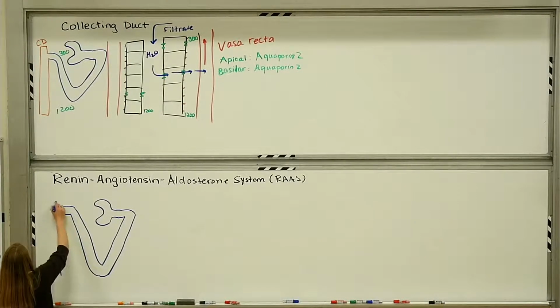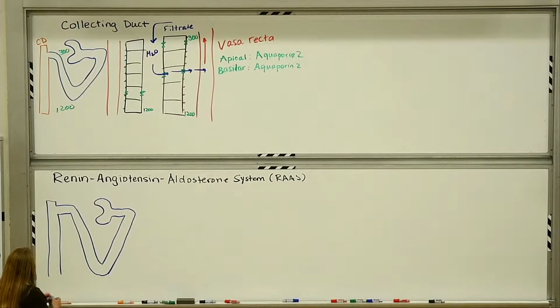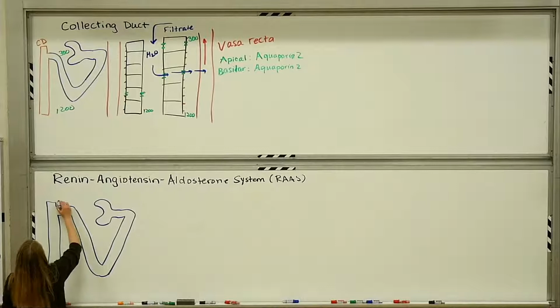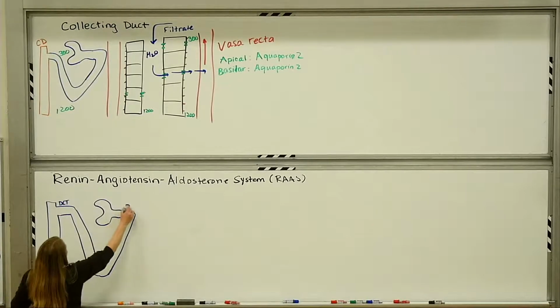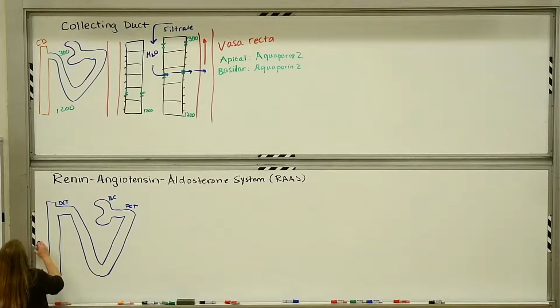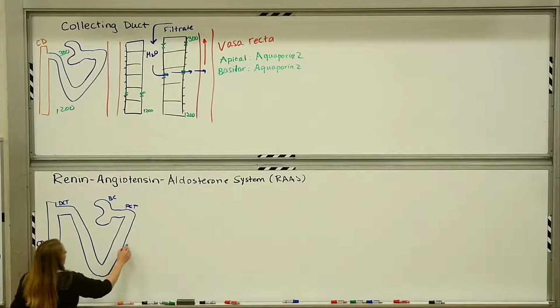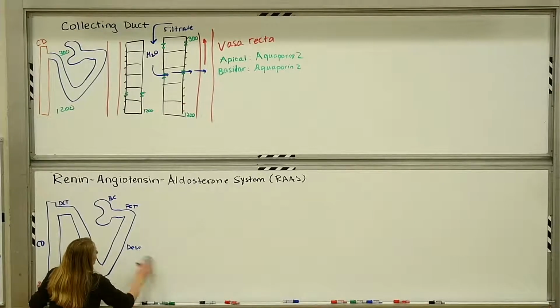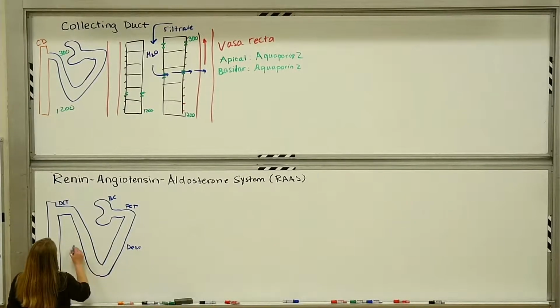This is collecting duct. So we can label some things, DCT, PCT. I'll label that as BC for Bowman's capsule, CD for collecting duct, and we'll say descending and ascending limbs.